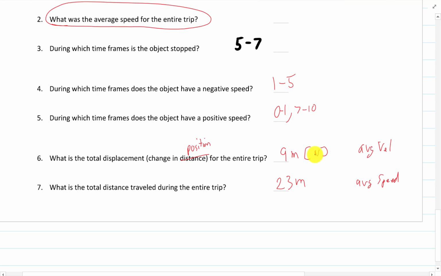Average velocity will be 9 over 10 meters per second north, so 0.9. And the average speed is total distance, 23 meters over 10 seconds, or 2.3 meters per second.